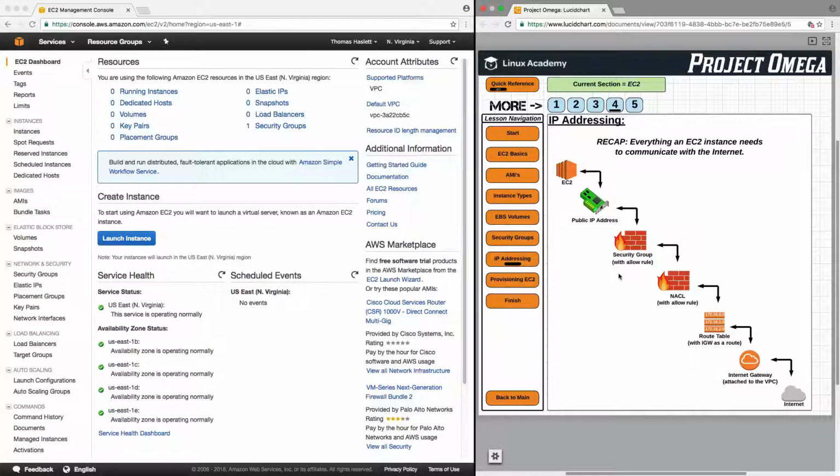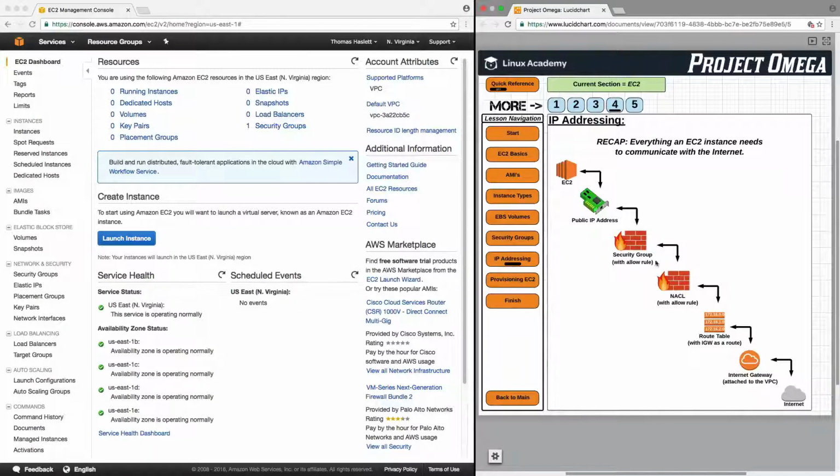Then security groups on the instance have to have rules that allow the traffic in and out. Then at the network access control list level, again, you need rules that allow traffic in and out. The instance needs to be associated with a route table. That route table needs to be associated with an internet gateway. Then the data can reach the internet, or vice versa coming in.